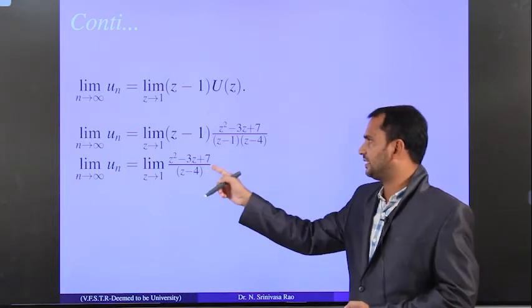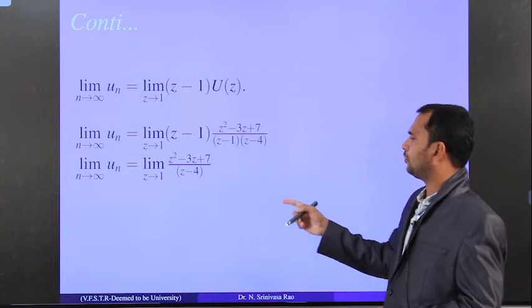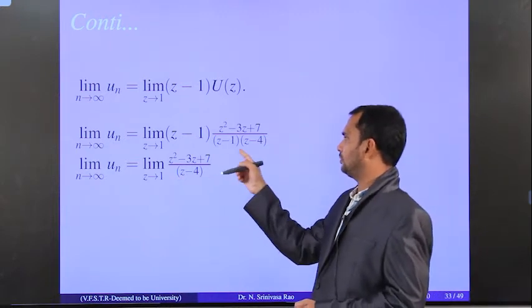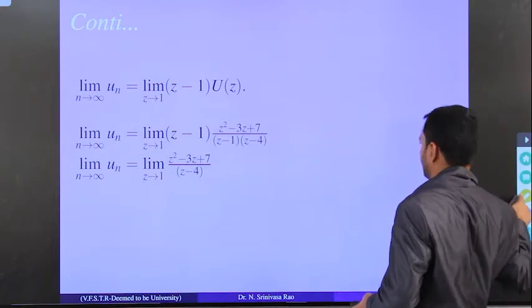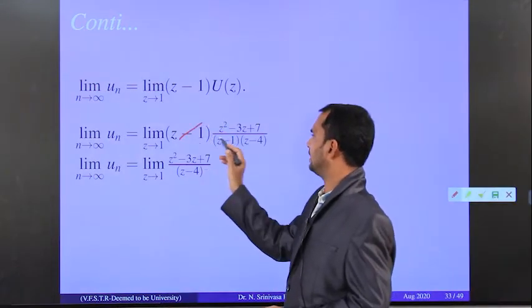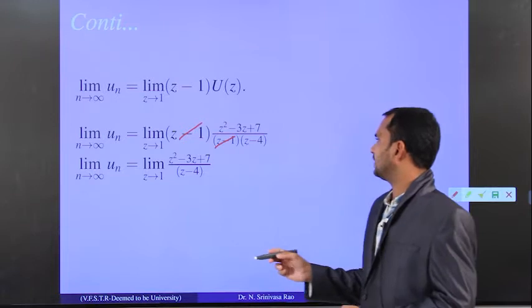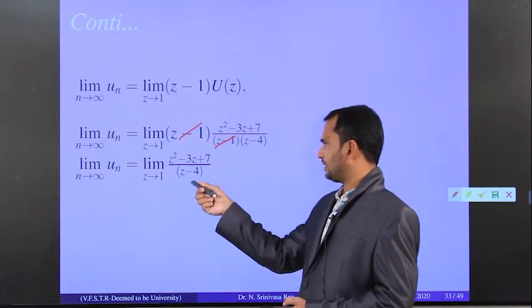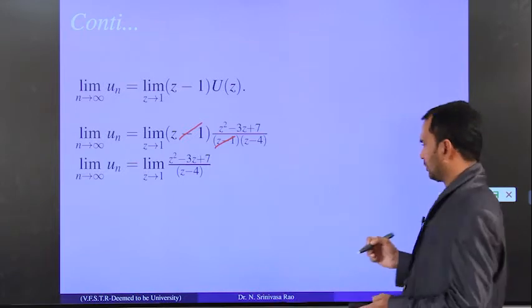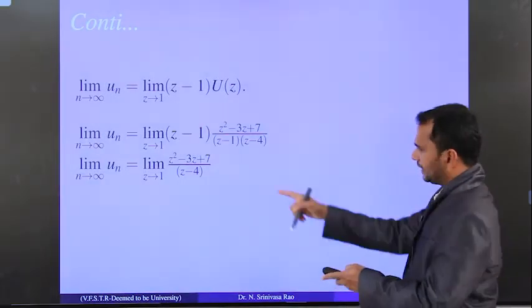If you simplify this, the z minus 1 gets cancelled. The remaining thing is (z squared minus 3z plus 7) divided by (z minus 4).